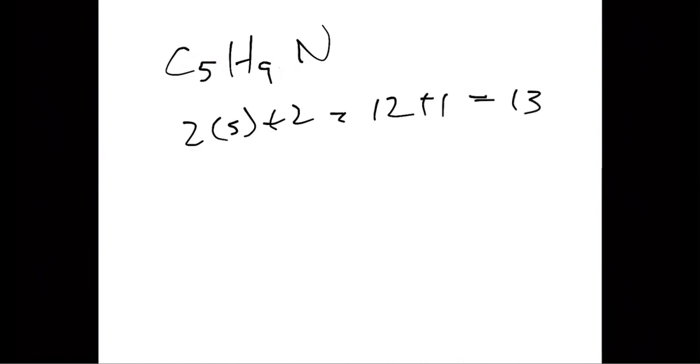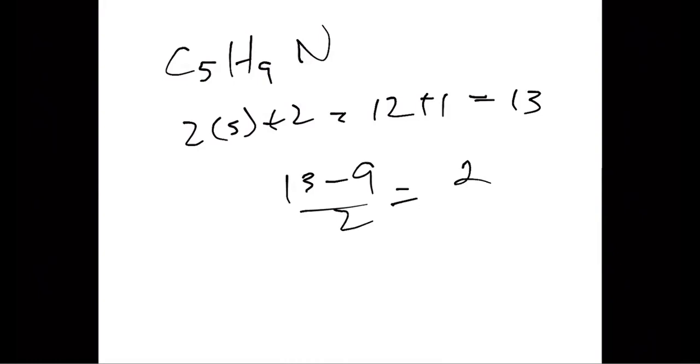So that's 13. And then H molecule is 9, so we put that in. 13 minus 9 over 2, which is 2. Yes or no? Yeah, that's good. All right, thank you.